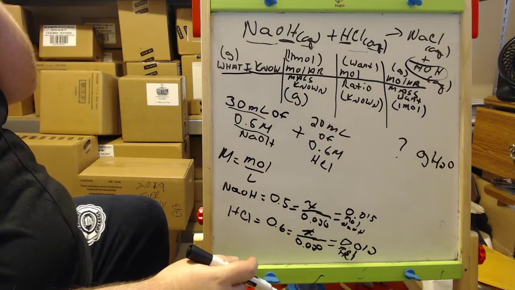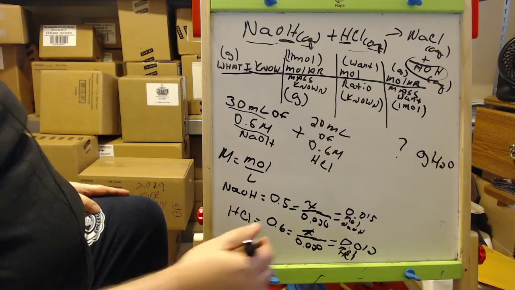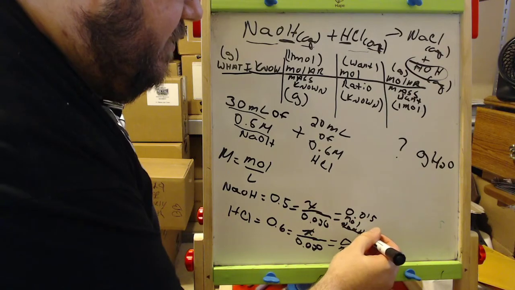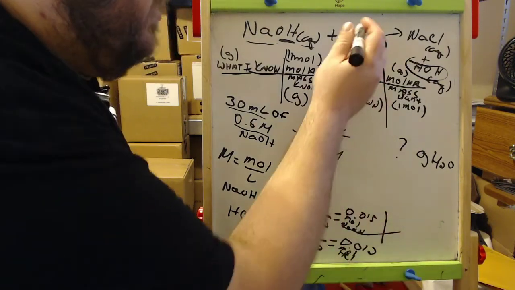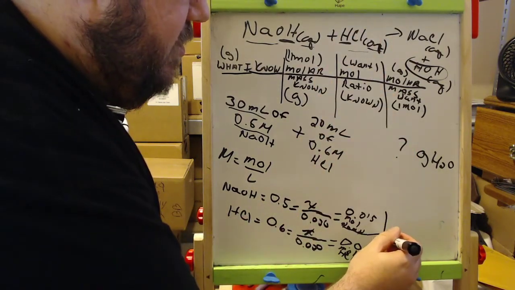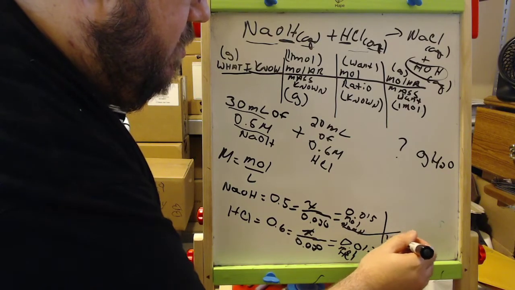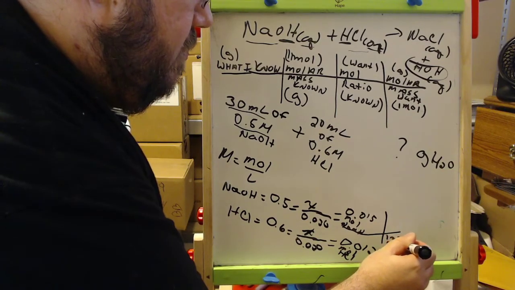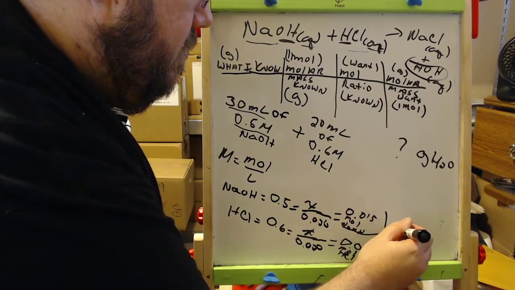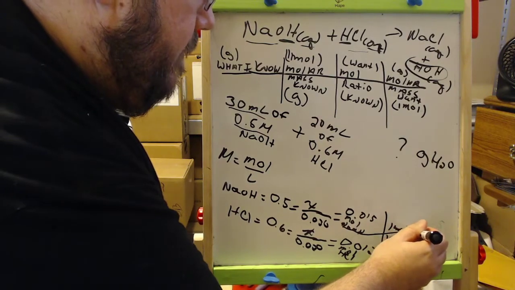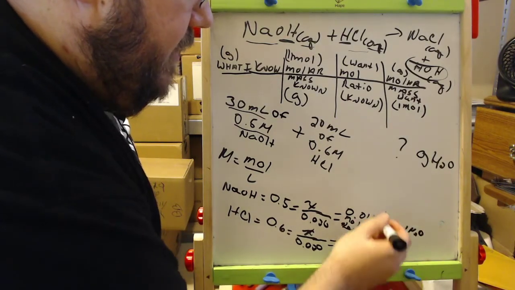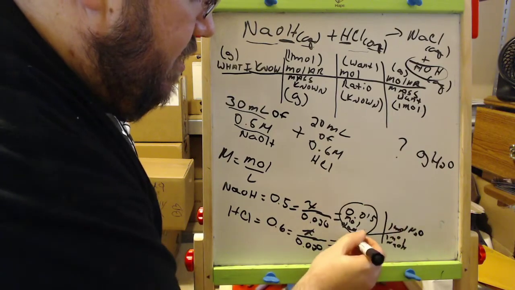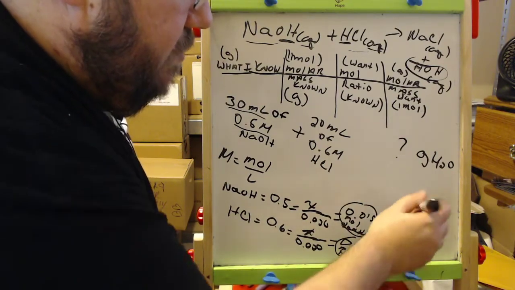Now, we need to figure out which is our limiting reagent. So we have to convert it to the product using our mole ratio. It happens to be a 1-to-1 relationship, 1 mole NaOH to 1 mole of water. Same thing down here. So this answer is actually our moles of water. It's a 1-to-1 relationship.